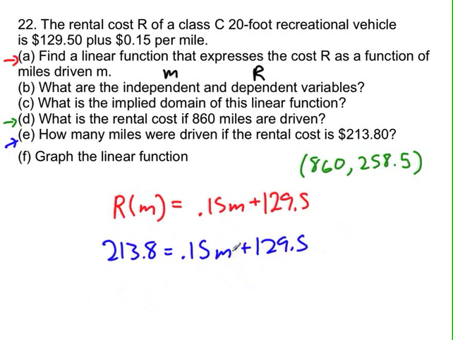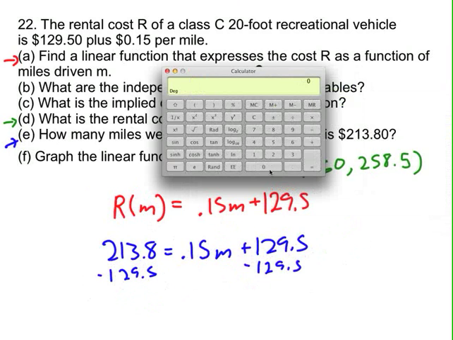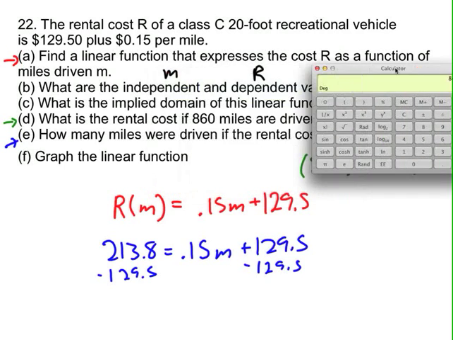Now we want to solve for m, so I'm going to subtract 129.5 from both sides. And we end up getting 213.8 minus 129.5, which is 84.3.